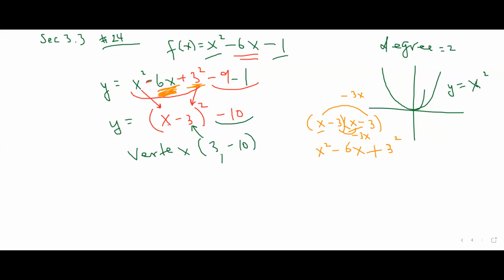So once I found it, I'm pretty much done. I can graph my parabola. 3, negative 10. So whenever you graph, you should clearly mark it, so everyone, like Alex, can see what the vertex is, and that's it. And I can definitely give you full credit for the exercise. And the parabola goes upwards.